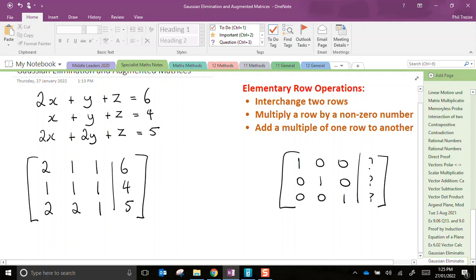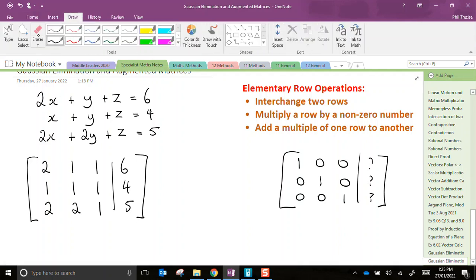Now, we may or may not get all the way to that stage. It is possible that we could get to a point here where we've got other numbers, non-zero numbers, in those places. And that's still quite a good place to be at.